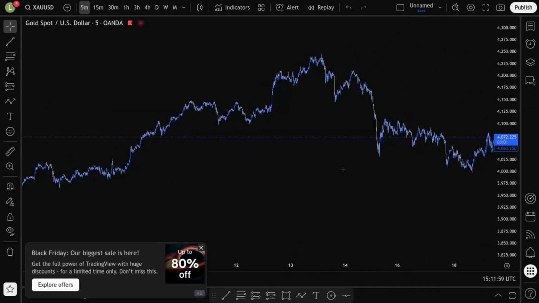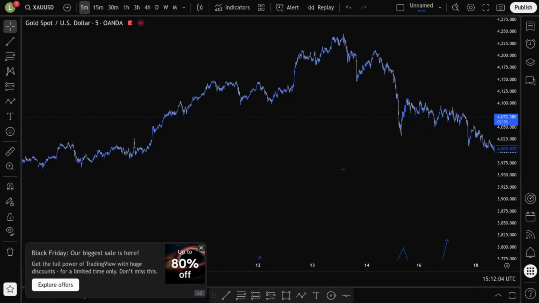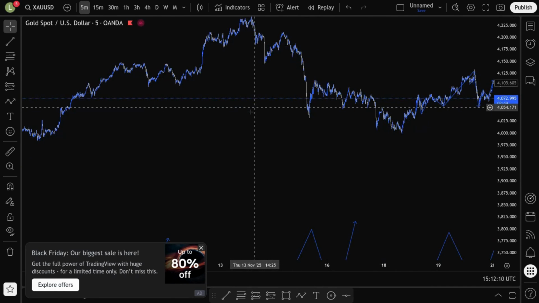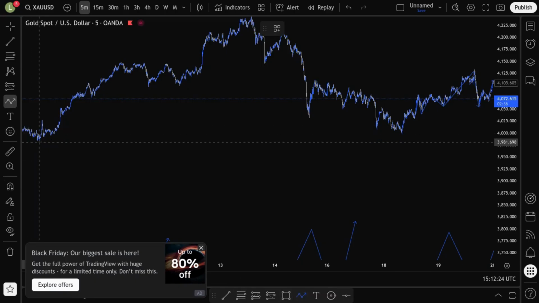For example, if you are among the traders who noticed this liquidity sweep, price came to sweep this liquidity here, right? This is the protected low. I also marked the protected low.